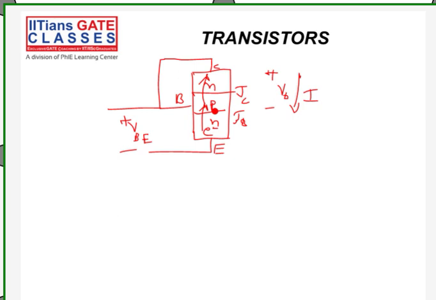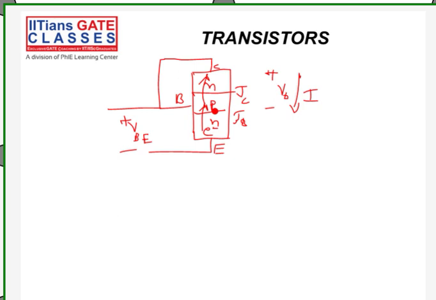These electrons then cross the collector junction due to the built-in potential present across the collector junction. We have the collector junction, we have built-in potential across this. So the carrier flow takes place through the collector junction even though the collector and base terminals are shorted together.